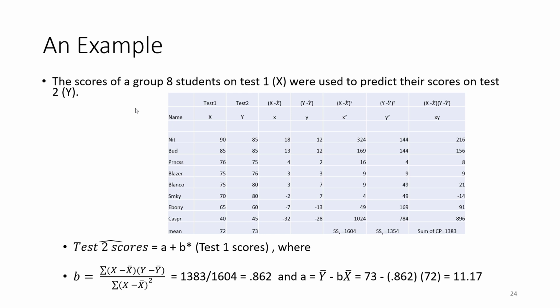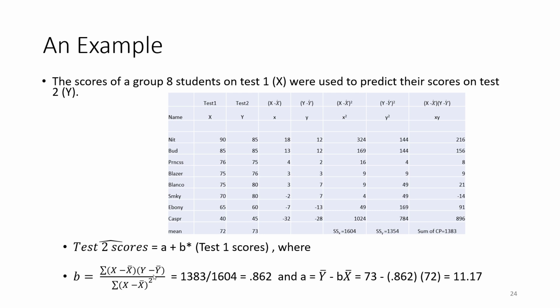I have an example to demonstrate this process. In this data set, there are scores from test 1 and test 2 for 8 students. If we would like to run a regression to predict their scores on test 2 based on their test 1 scores, the equation would be the predicted test 2 scores equals a plus b times test 1 scores.